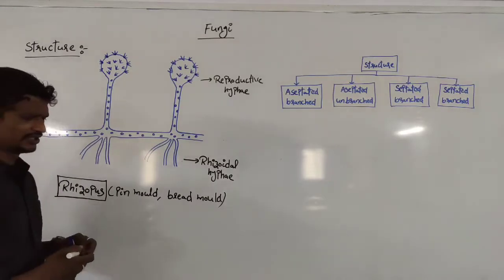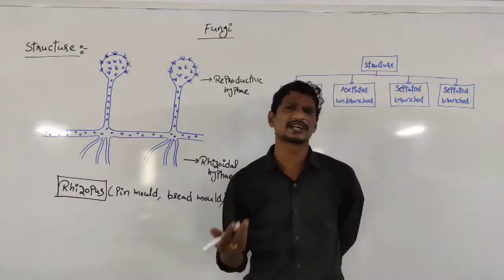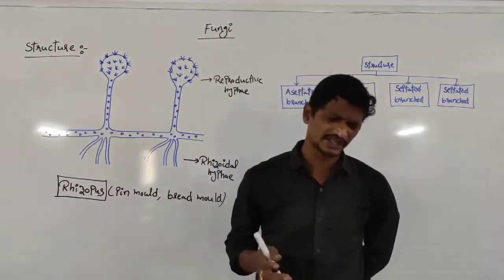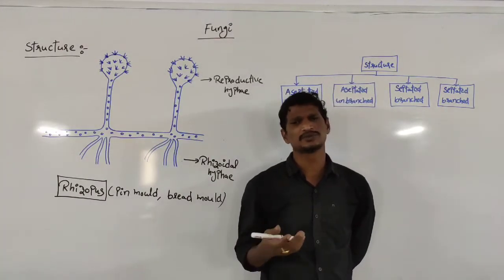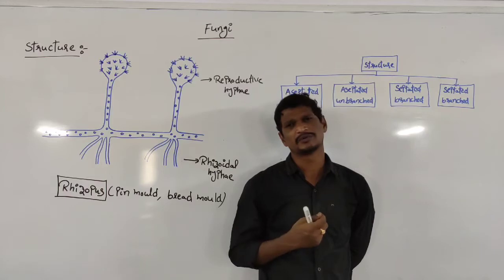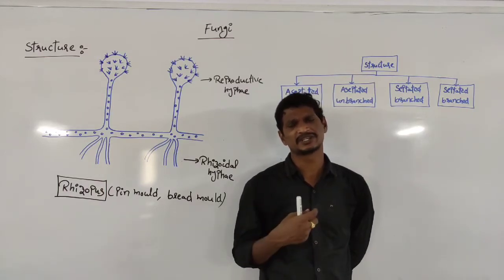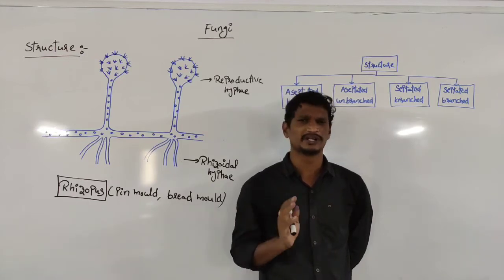I thought in the 7th, 8th, 9th classes, the earlier classes, we already heard about Rhizopus, or otherwise I would like to explain it this way. Suppose we bought one bread, and if we kept the bread inside the refrigerator, the bread will not be spoiled.